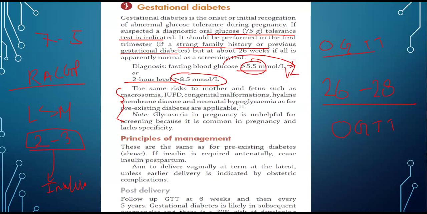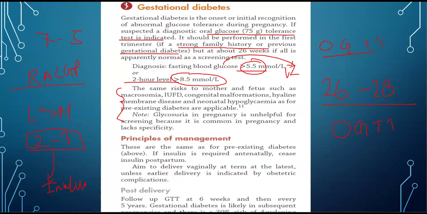In Australia, I know that we use metformin in pregnancy, especially for this kind of mildly elevated blood sugar. But in case of very high blood sugar, the best management is definitely insulin, okay?